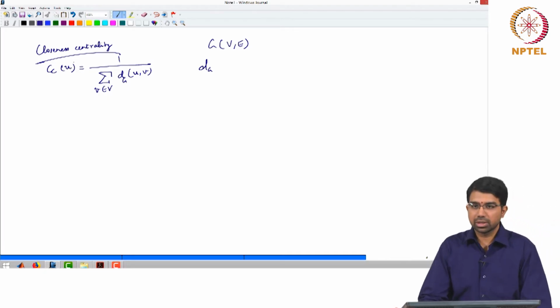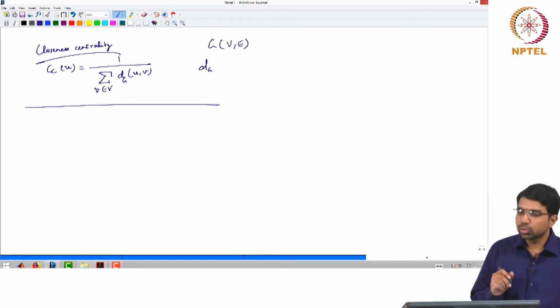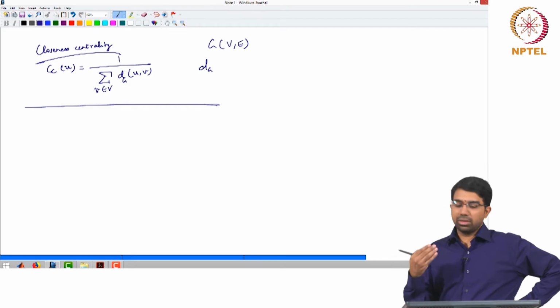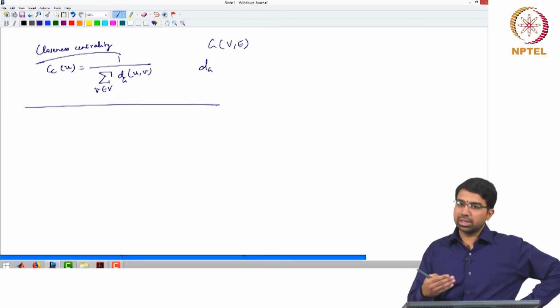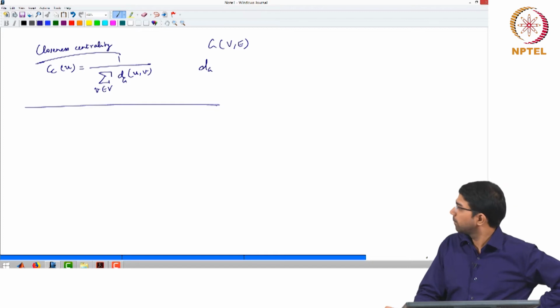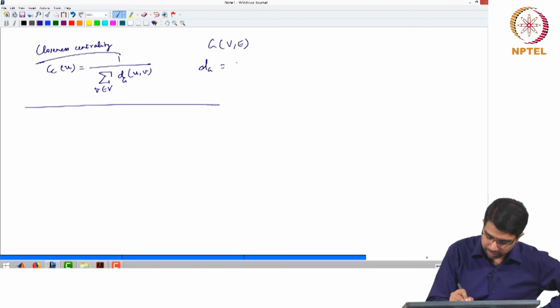This would be a slightly better notation. So far we have only looked at degree. The distance between two nodes, in what sense, the shortest distance? Always shortest. It is the geodesic.